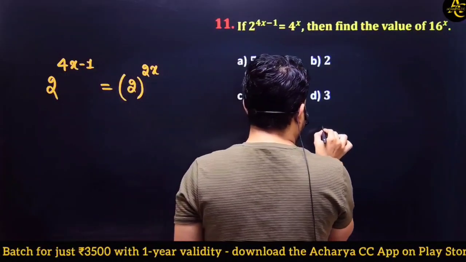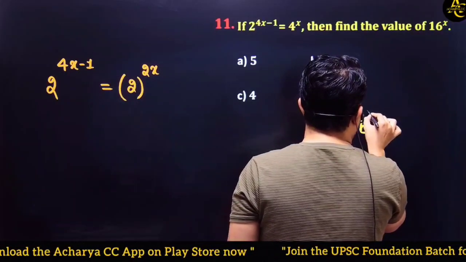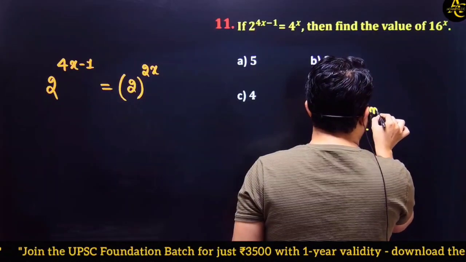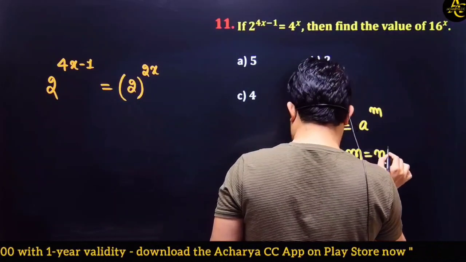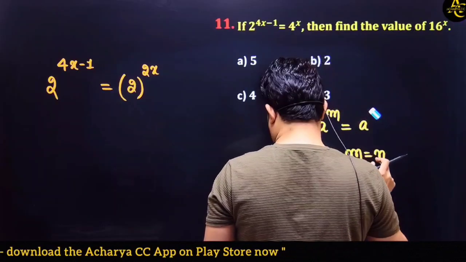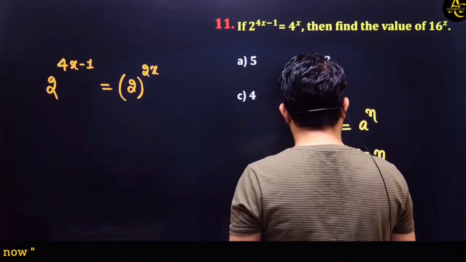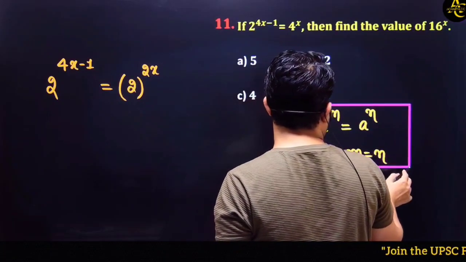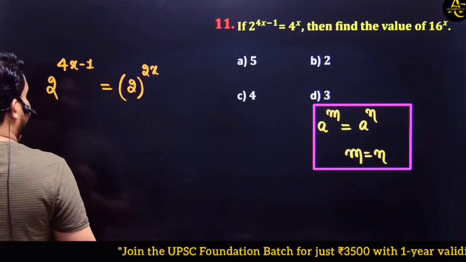If we have a to the power m is equal to a to the power n, if bases are the same, then powers are also equal, m equal to n. So this one is the property which we'll use in this question.